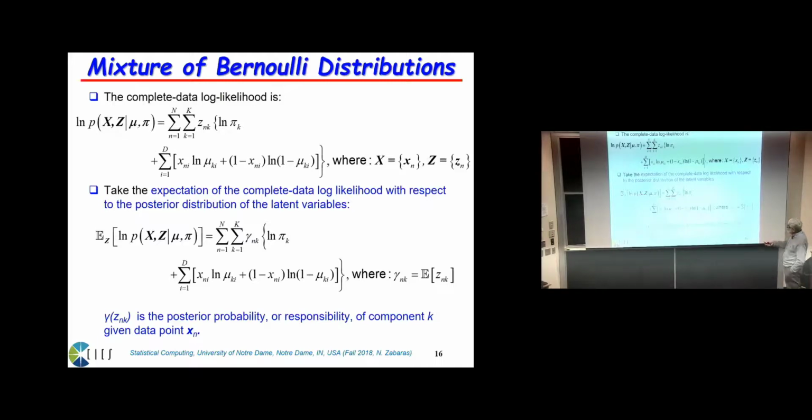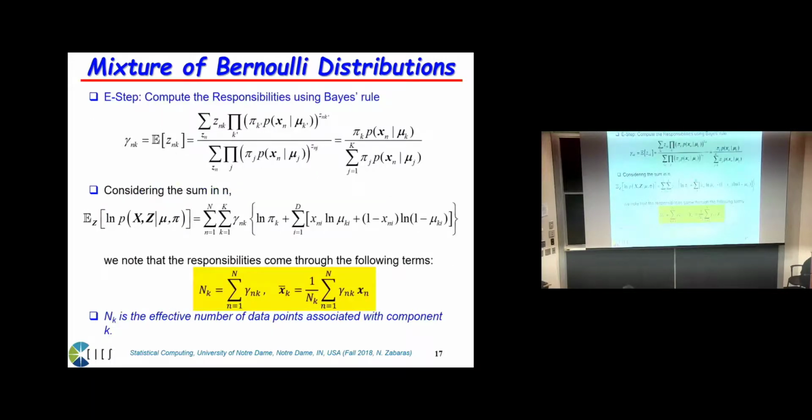The expected joint log likelihood looks like this nice formula. It's identical to what we had before. The only difference is this term here: we don't have the Gaussians, but we have this Bernoulli distribution. The parameters are now not the means and covariances, but these probabilities mu. These are what we need to compute in addition to the mixing coefficients pi.